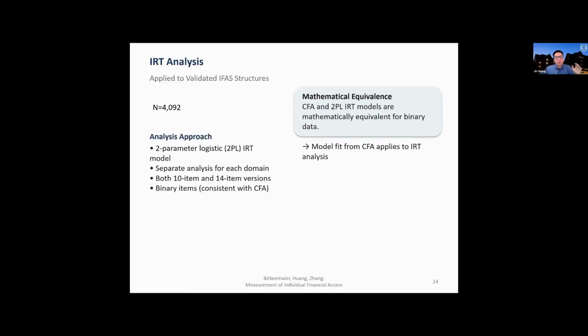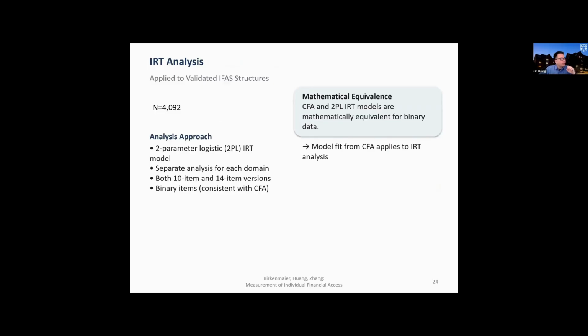So a high discrimination item is a high resolution item. A low discrimination item is kind of blurry. So we really want to have low difficulty and high discrimination items to measure financial access.